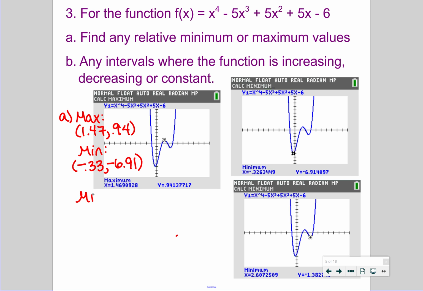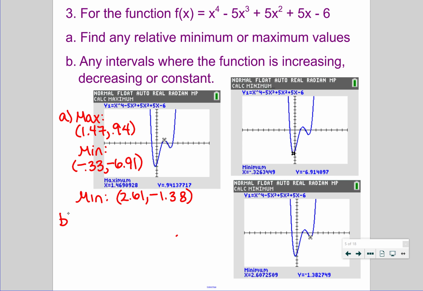And then I also have a minimum, if I'm looking at the one that's on the bottom right, at 2.61 and negative 1.38.